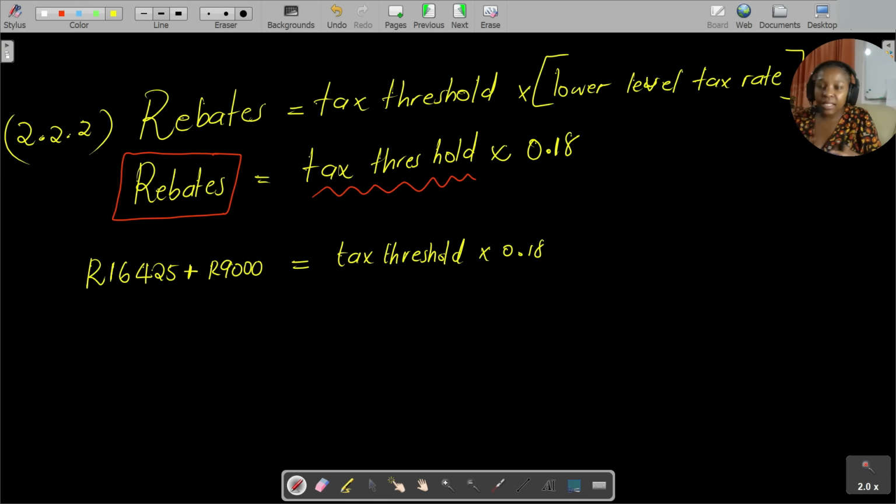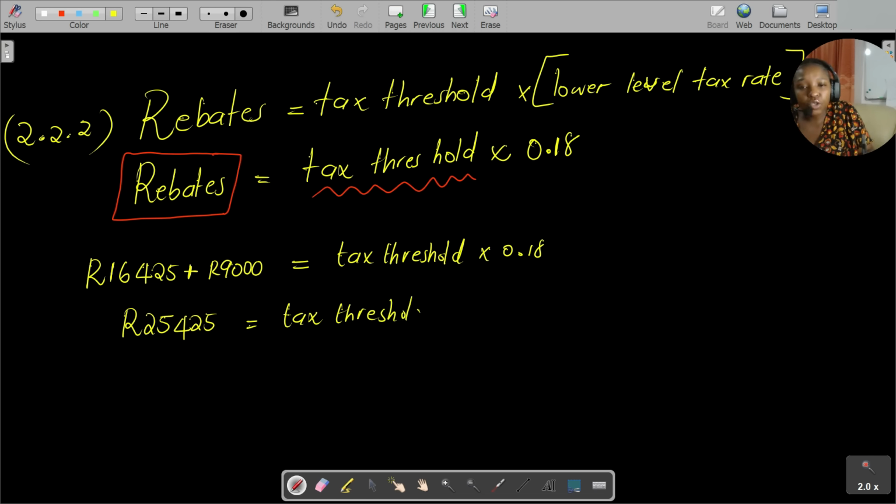If you punch in 16,425 plus 9,000, you actually get 25,425, which is equal to the tax threshold amount multiplied by 0.18.